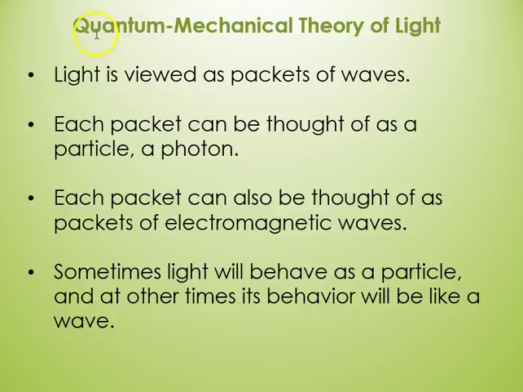This moves us on to the quantum mechanical theory of light, where light is viewed as packets of waves. So each packet can be thought of as a particle or a photon. Each packet can also be thought of as packets of electromagnetic waves. And sometimes light will behave as a particle, and sometimes it will behave as a wave.